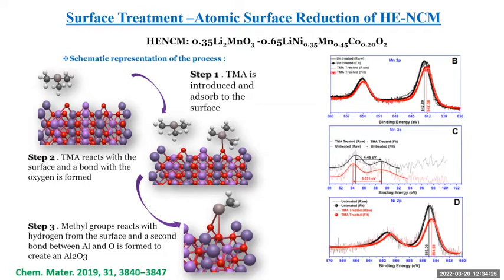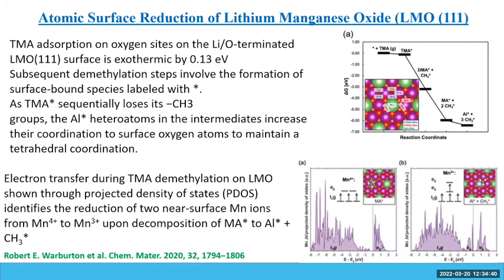When we tried to publish this in the first publication, we had issues with a reviewer. He was arguing whether it really takes place, whether there is really reduction of the manganese. But later, as follow-up work, we were very happy to see that the group of Jesriela and Grilli published a very detailed mechanism of the reaction of the transition metal next to the surface with a very similar oxide, where there is a clear cascade of reactions that takes place on the surface, with reduction of the transition metal.